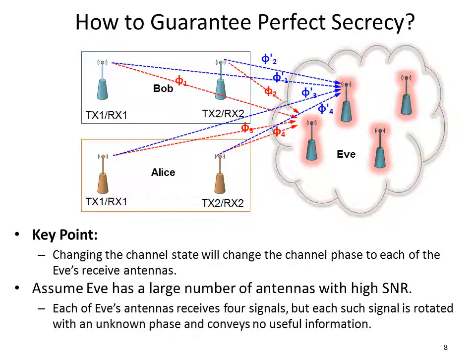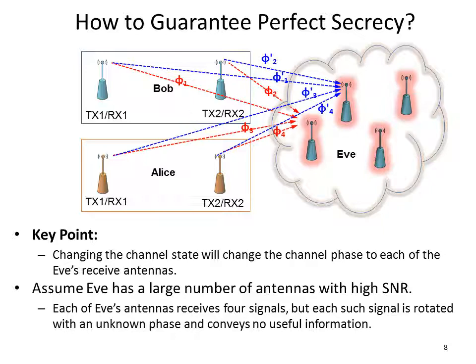Now, after the channel is perturbed, perturbing the channel will change all the phases from the legitimate units to the eavesdropper antennas, to every antenna of the eavesdropper.